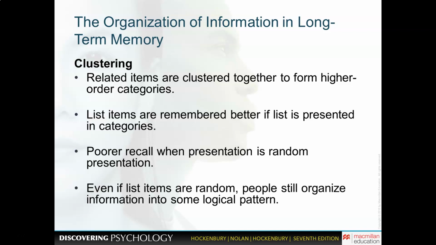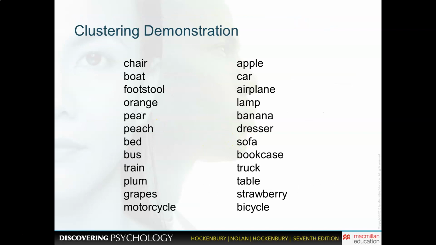If we're trying to memorize a long list of items, we cluster those into categories. So here's an example. If we took a look at this, we'd go, oh wow, that's a lot of items to remember. I don't know if I can do that. But if we cluster those into categories, we have a much easier time and a much better chance at remembering these.